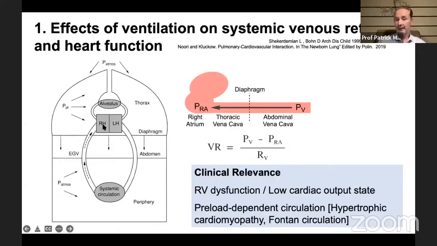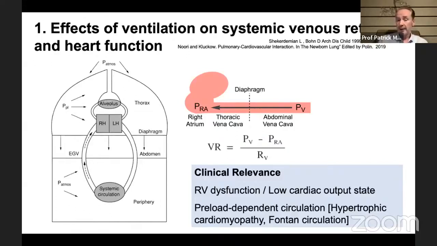However, during mechanical ventilation, the increase in intrathoracic pressure will lead to an increase in pleural pressure, which will actually decrease the gradient between the extrathoracic pressure and the right atrium. And then the administration of PEEP will further prevent airway pressure returning to atmospheric pressure levels.